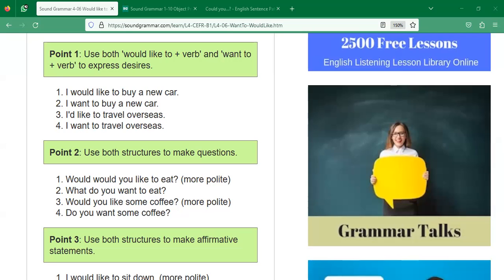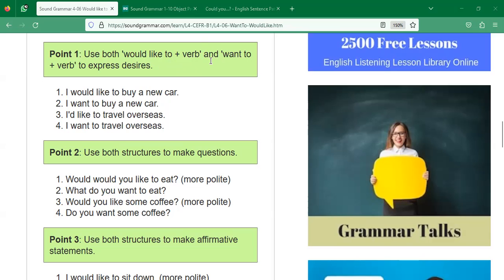When we talk about would, we have some different expressions in which we can use it. For example, we have the expression would like to plus the verb, and it is similar to want to express desires. So here we have some specific sentences that are related to desires.